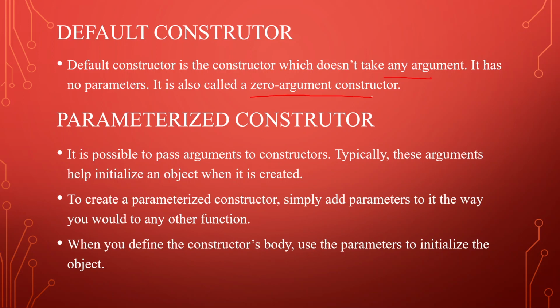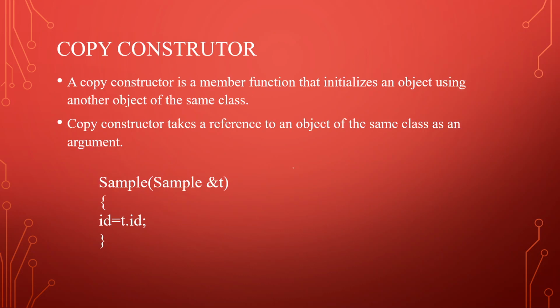If the constructor is having parameters, then that constructor is called a parameterized constructor. It is like other functions. If I need to define the constructor body for a parameterized constructor, then we need to initialize the object. After that, the constructor body will get invoked automatically.